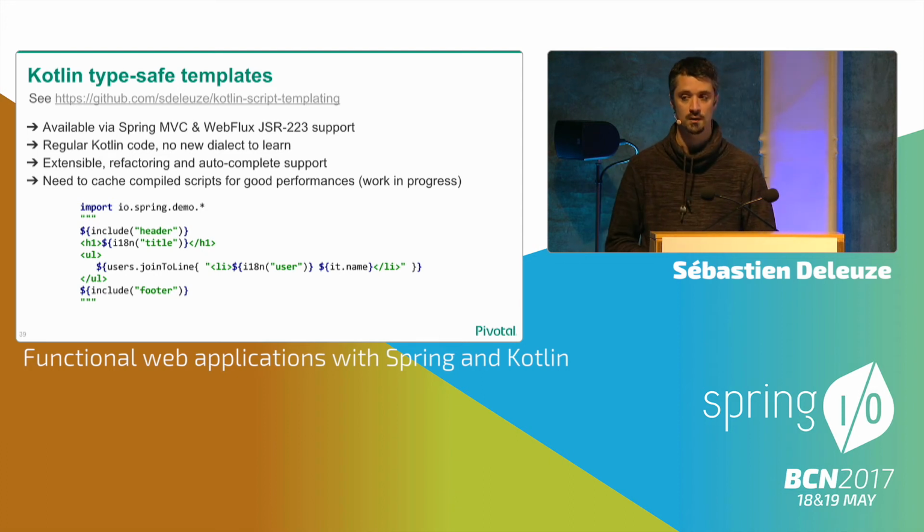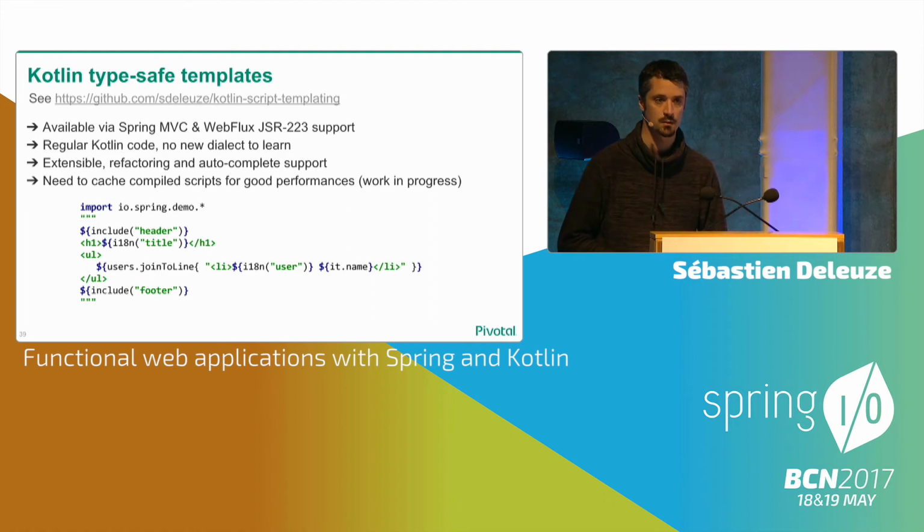So this example is a multi-line Kotlin string, a regular one, and I write Kotlin code thanks to string interpolation. And the very nice feature is that these templates that you are using to create web pages rendered on server side are type safe, so they support refactoring, they support checks at compilation, so that makes your templating much safer.